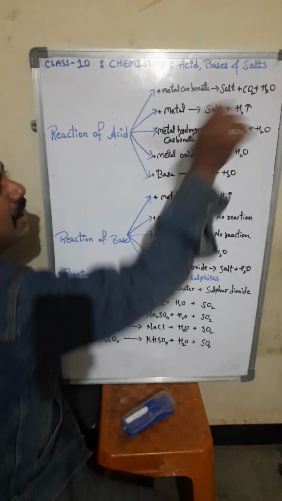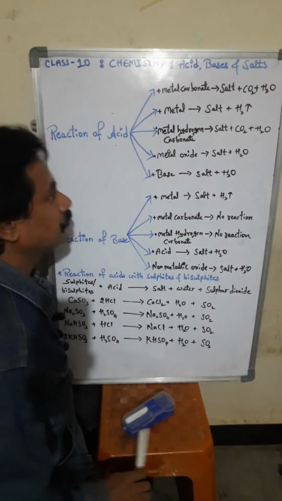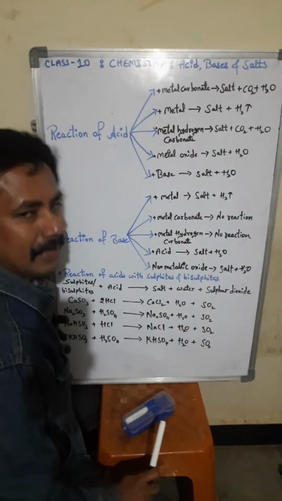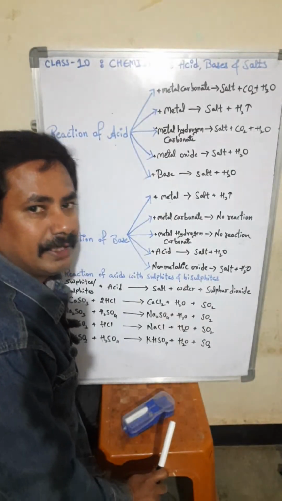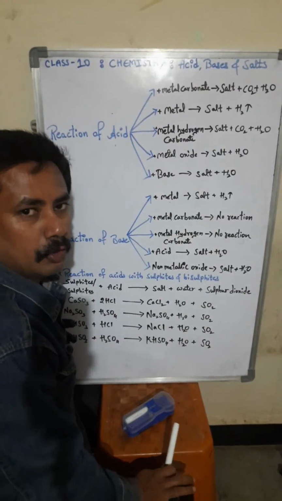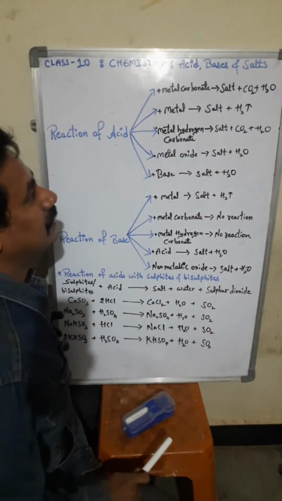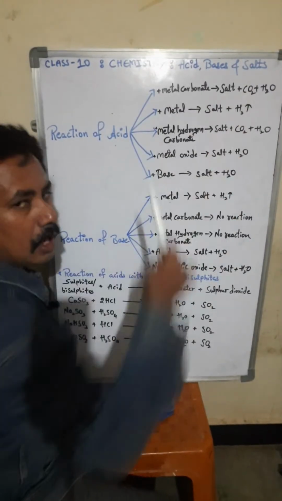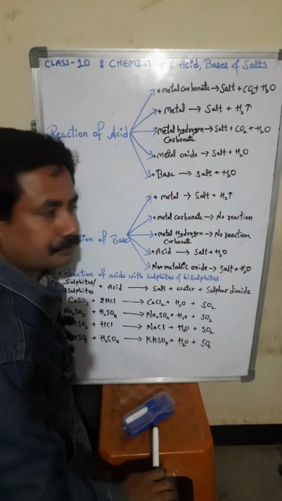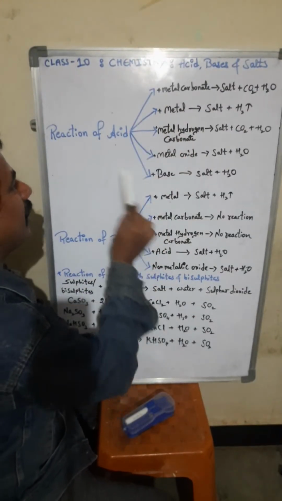You have to learn this by heart. All these formulas are very important. Metal carbonate, for example Na2CO3: Na2 is sodium, CO3 is carbonate. Sodium carbonate, when it reacts with any acid, gives salt plus carbon dioxide plus water.